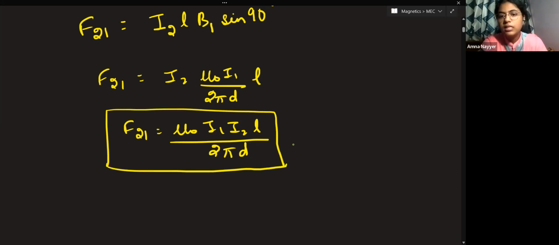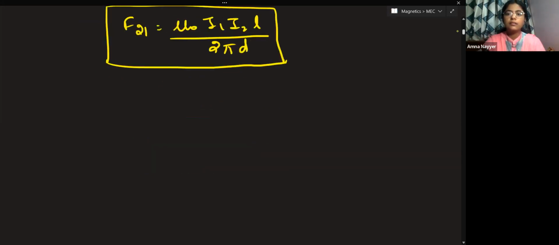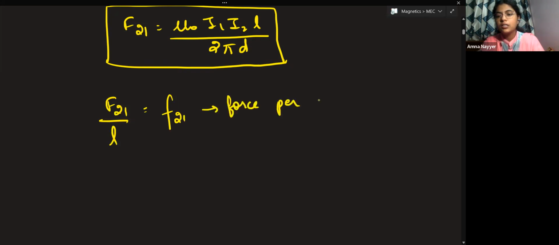Now, if I shift this length L on the left hand side into the denominator, it becomes F21 divided by L. Let me write it as small f21. This is the force per unit length.